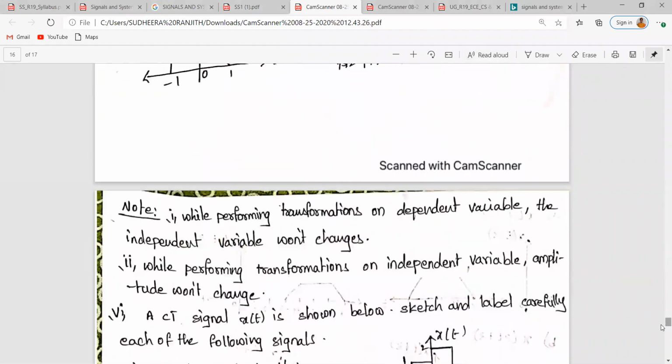Some things we need to keep in mind while performing the transformations on the dependent variable: the independent variable won't get changed. While performing the amplitude scaling, addition, multiplication, differentiation, and integration, we haven't changed the independent variable.